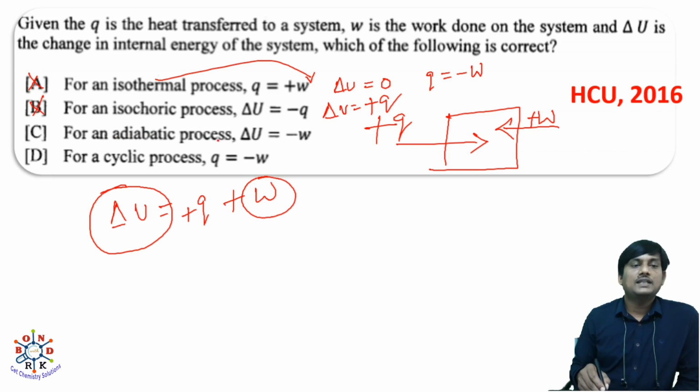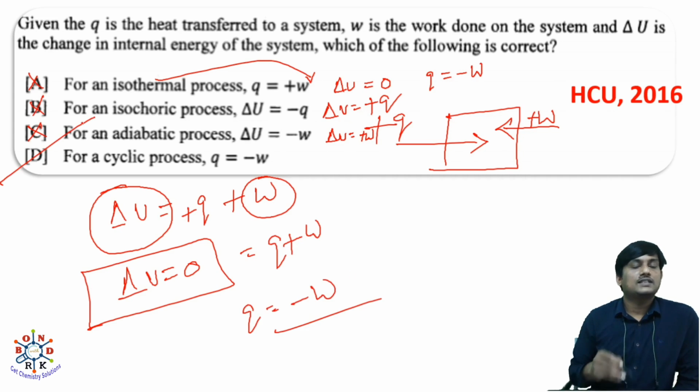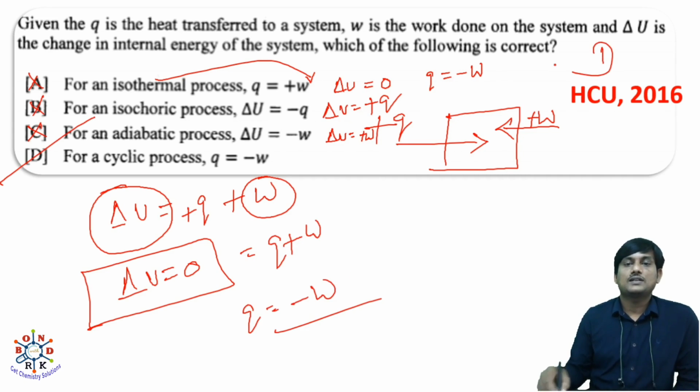For an adiabatic process Q is equal to 0, so delta U is equal to plus W. Okay, this one also incorrect. For a cyclic process, delta U is equal to 0. So when delta U is equal to 0, then 0 is equal to Q plus W. So Q is equal to minus W. So this one is the correct option. D is the correct option.